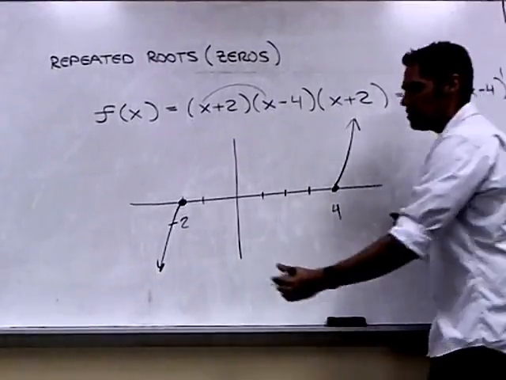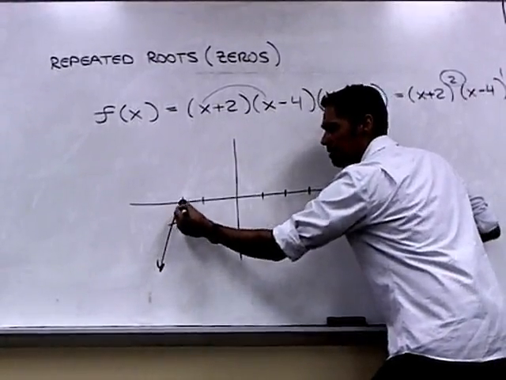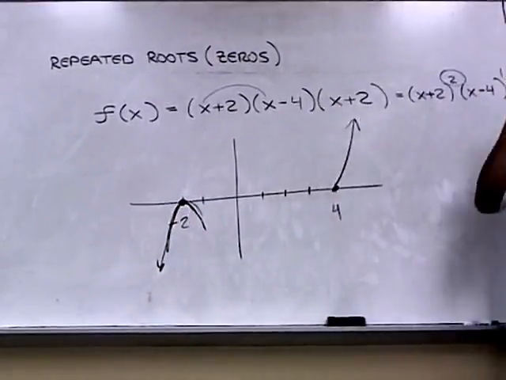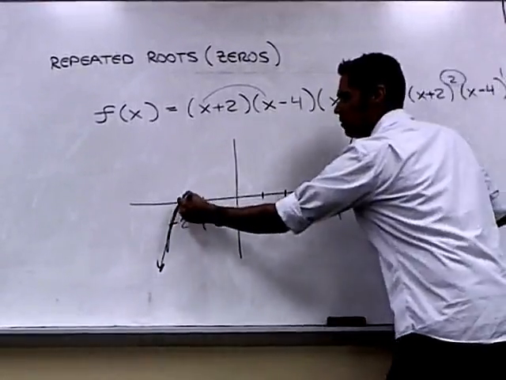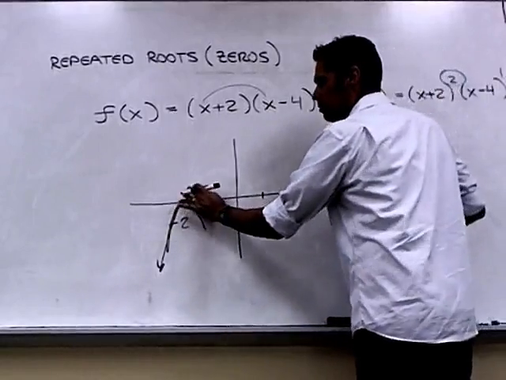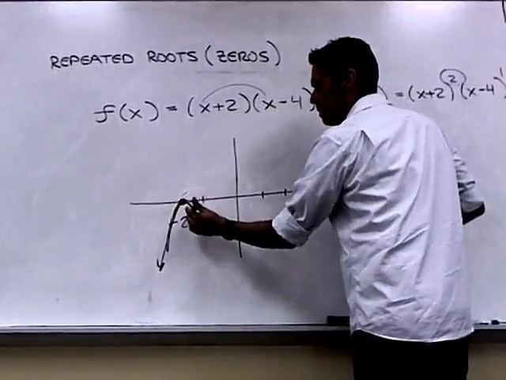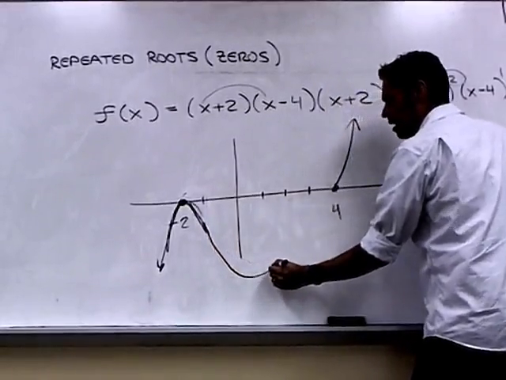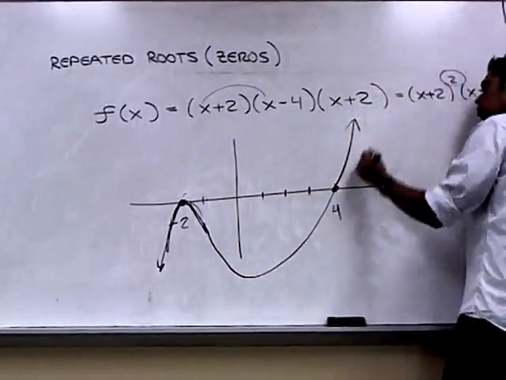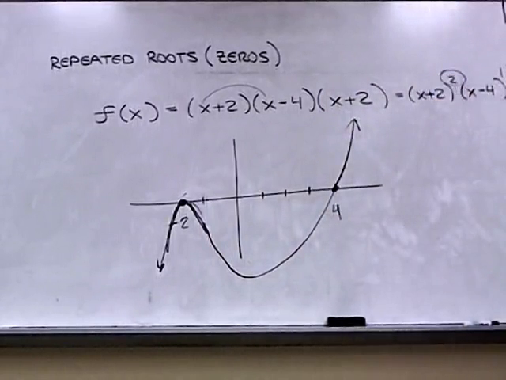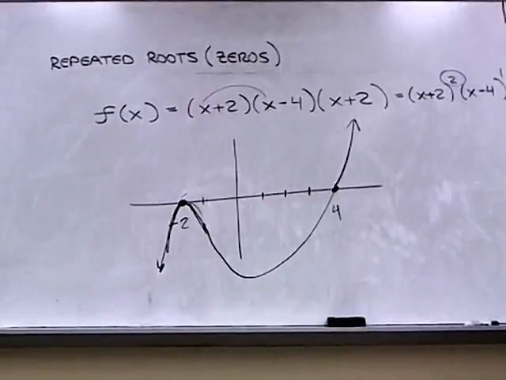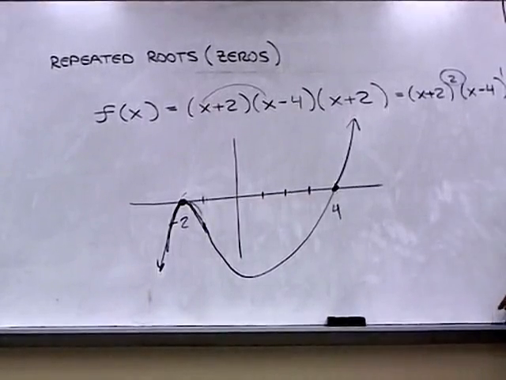So let me try this. I come up here, bounce off, so maybe something like this. Just don't go through and back down, because now you cross through. You just bounce off there, and then how far do I go down? Oh, it's up to me. And I try to come nice and smooth and curve back up and cross through at 4.